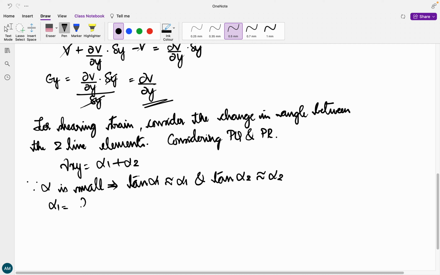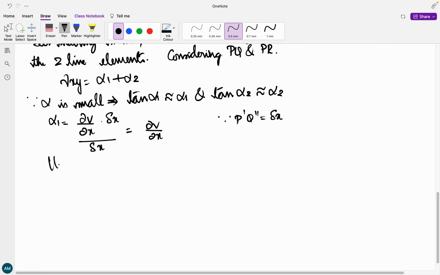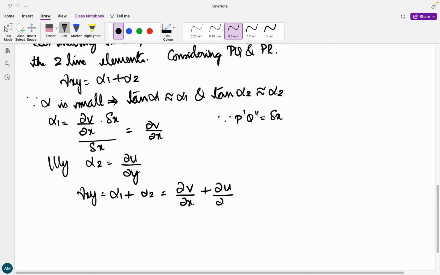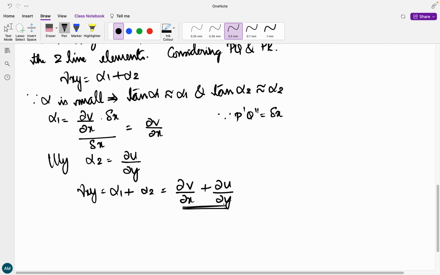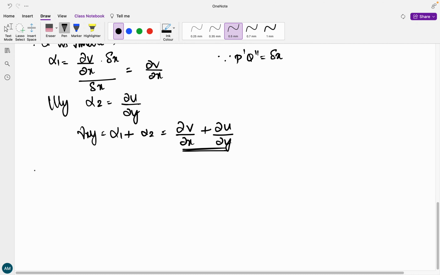Alpha 1 is dou v by dou x into delta x divided by delta x, which is dou v by dou x, since P dash Q double dash is equal to delta x. Similarly, alpha 2 is dou u by dou y. So gamma xy, which is alpha 1 plus alpha 2, is equal to dou v by dou x plus dou u by dou y. We have arrived at the value of strain gamma xy.